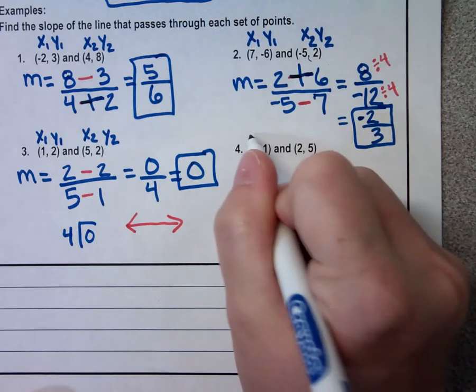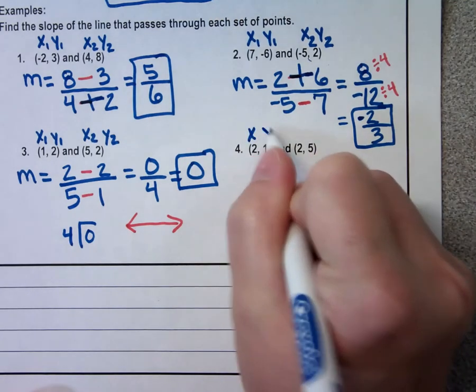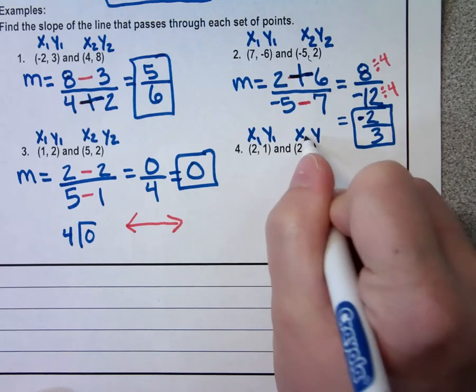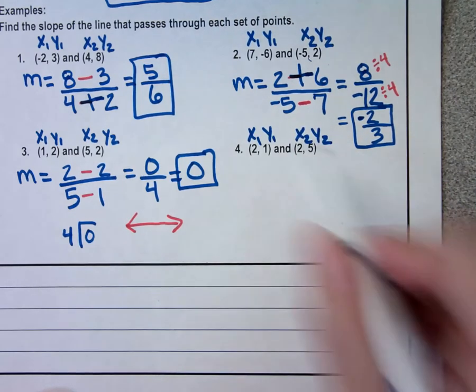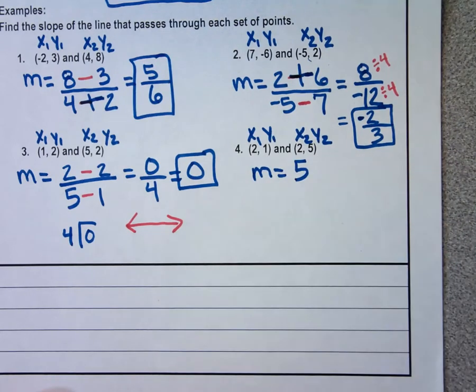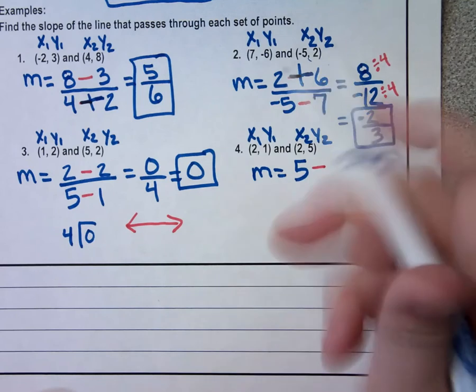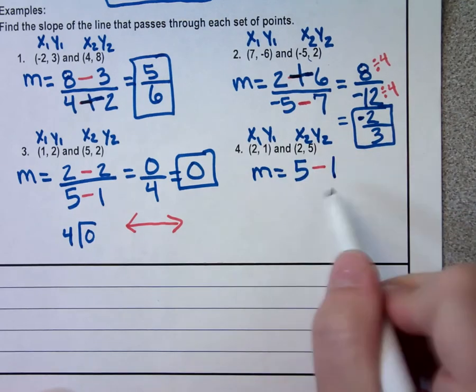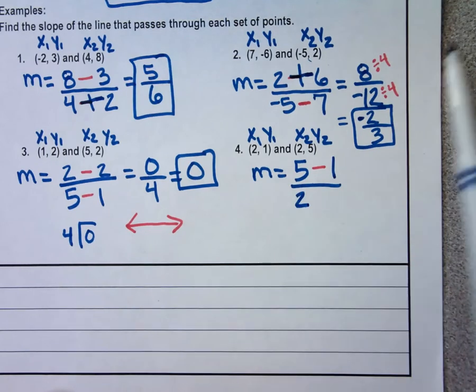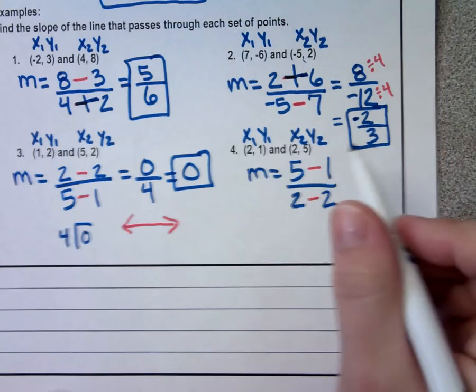And our last one, folks. Here we go. I'm going to label x coordinate, y coordinate, x1, y1, x coordinate, y coordinate, x2, y2. Following the formula, I take y2, 5, minus y1, 1, divide by x2, 2, minus x1, 2.